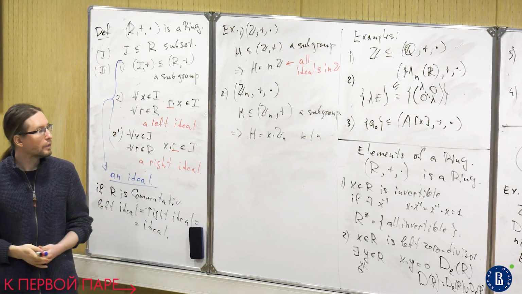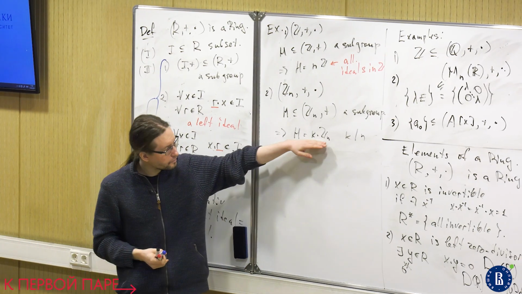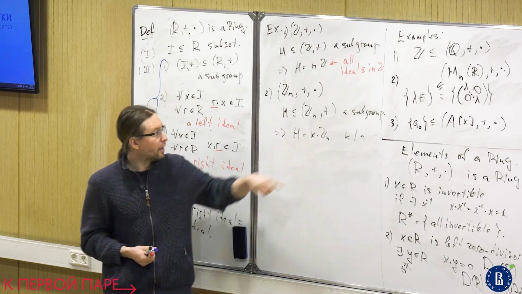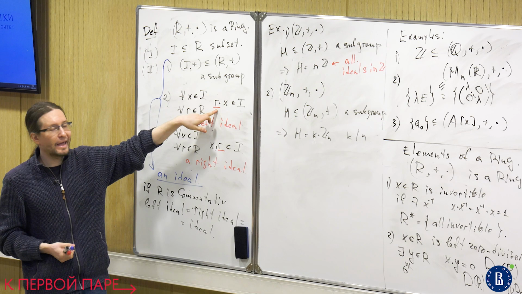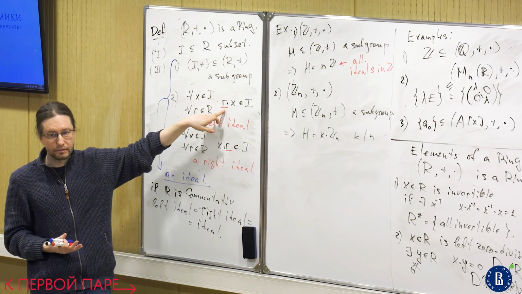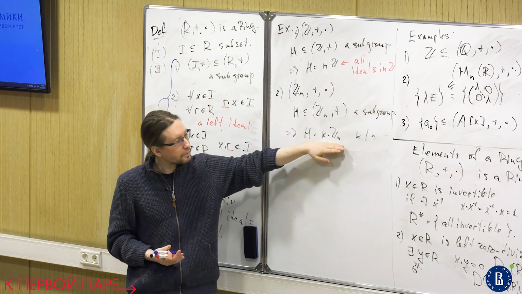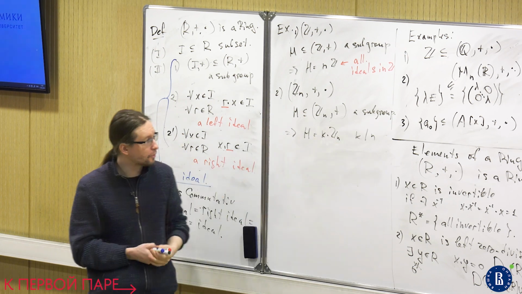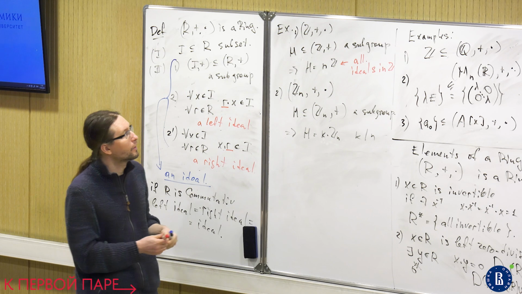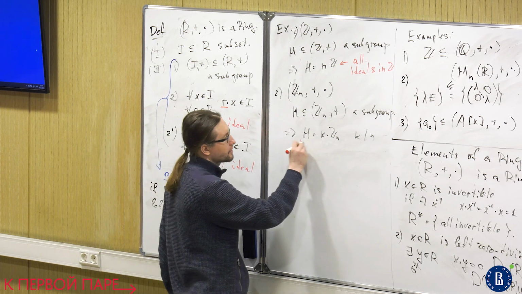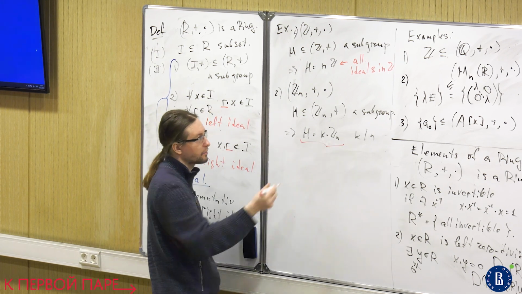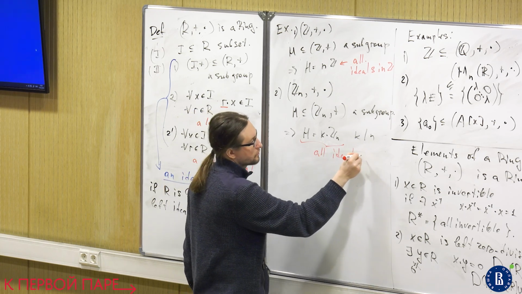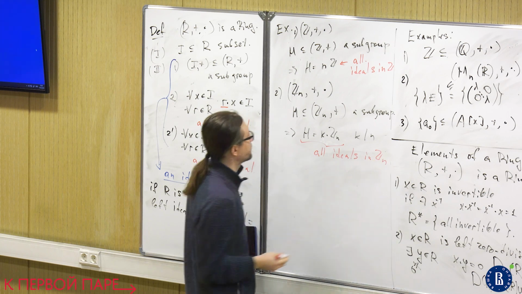And again, it's clear that if a remainder is divisible by k, then after multiplication by any other remainder, it will be divisible by k. So this is also an ideal, and this is the set of all possible ideals, because there are no other subgroups. These are all possible ideals in Zn.